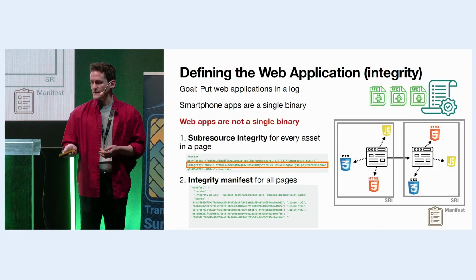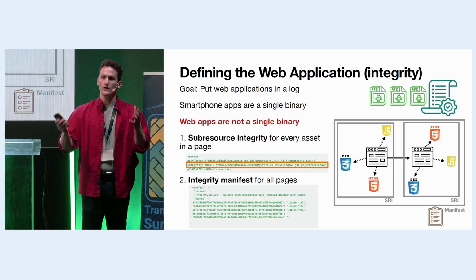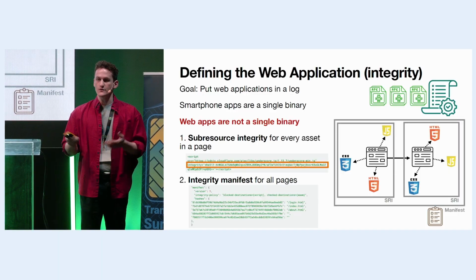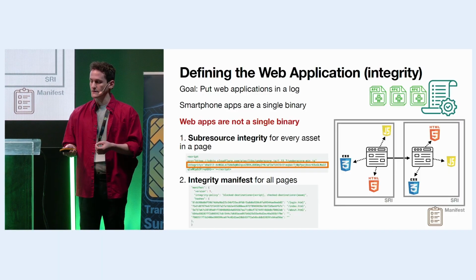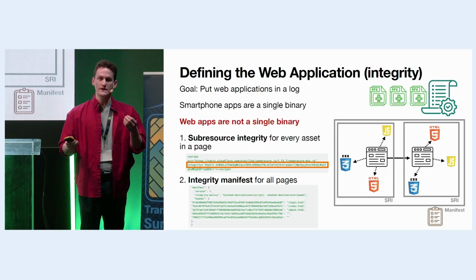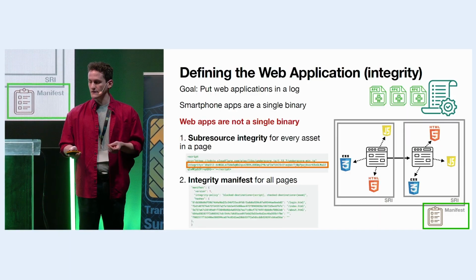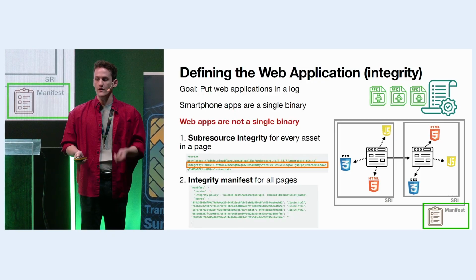And this is the final step. This narrowly constrains all of the pages together into a single thing. And so this single manifest is going to be the thing that defines what a web application is. So all of the operations that we do for transparency are going to be operating over this manifest or a hash thereof.